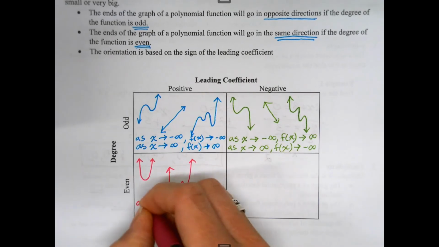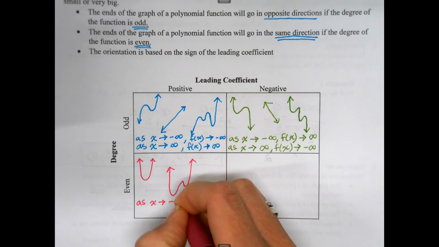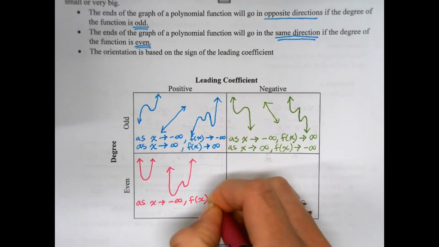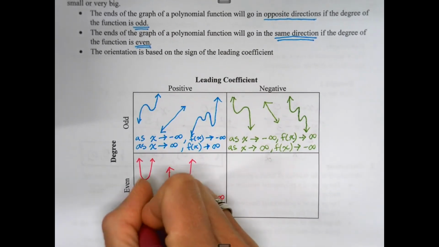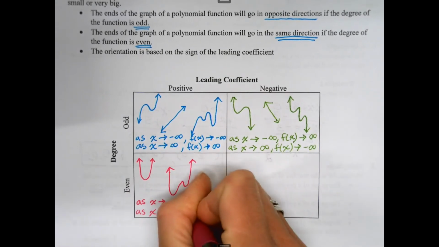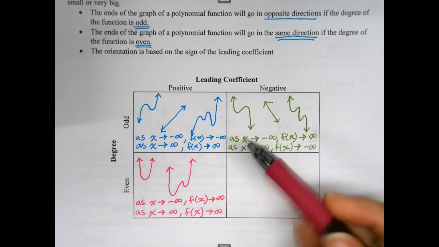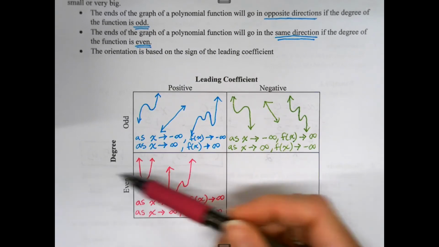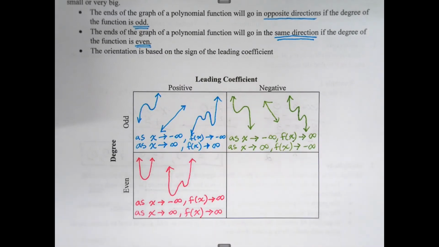But overall, as x goes to negative infinity, our f of x values are going to go to positive infinity. And as x goes to positive infinity, our f of x values will also go to positive infinity. So as we go out in the negative x direction and out in the positive x direction, both sides go upwards.